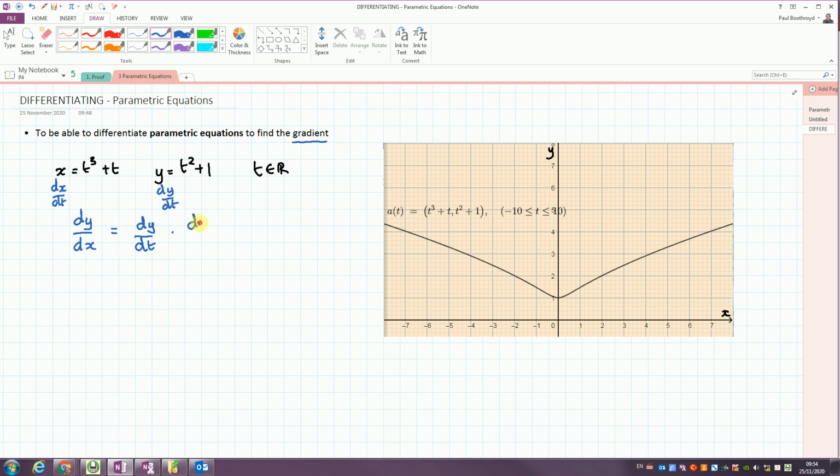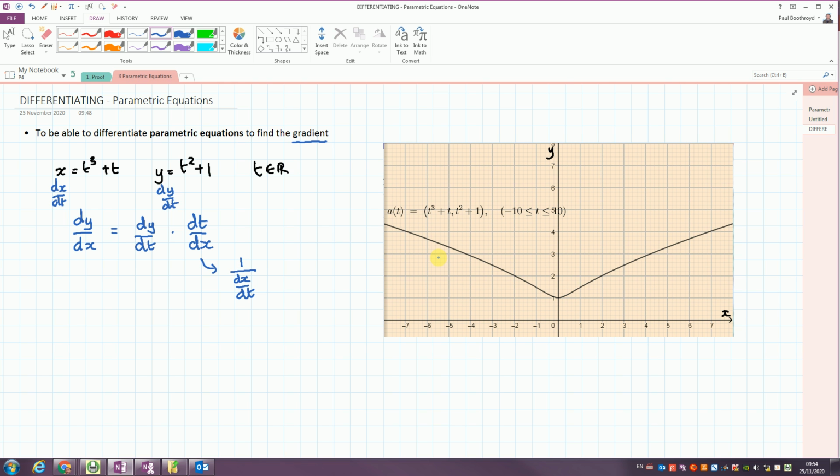We want dt/dx, and we remember dt/dx is 1 over dx/dt. So we differentiate the x part, differentiate the y, and the dy becomes the numerator, the dx becomes the denominator. And that will tell me the gradient function in terms of y in terms of x.